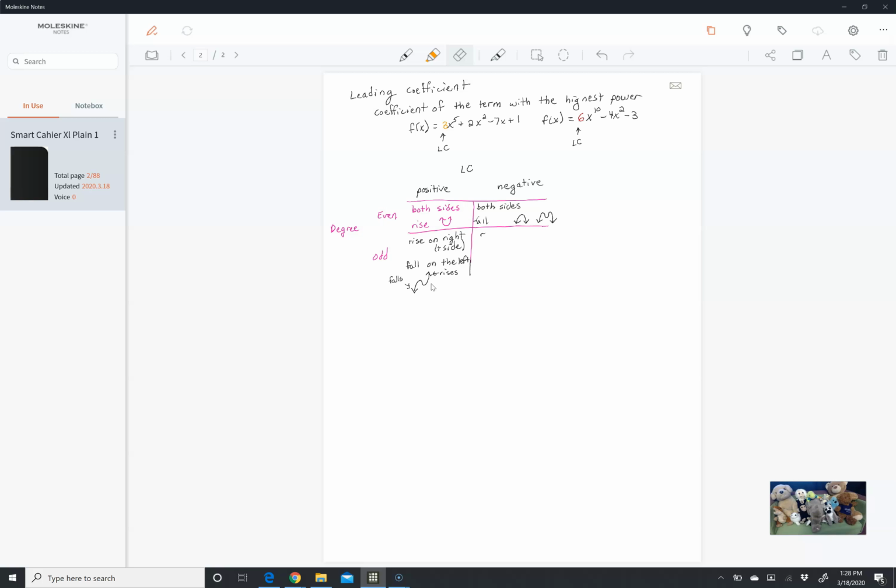It's going to rise on the left this time. Remember, the left is the negative side. And if it rises on the left, it falls on the right because they're doing something different.